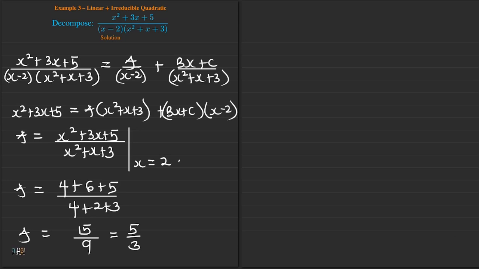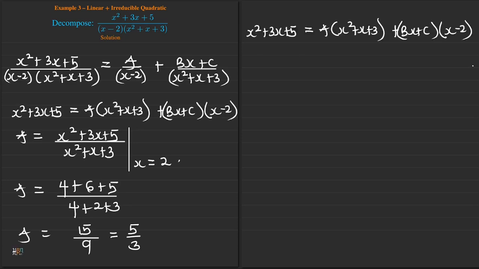Now to what we were running away from. So we'll have to come back here and then expand every bracket, so that for our left hand side, we maintain our x squared plus 3x plus 5. And this is actually the method of undetermined coefficients. So a multiplies all these to give us a times x squared, which is ax squared, then a times x, which is ax, and then a times 3, which is 3a.